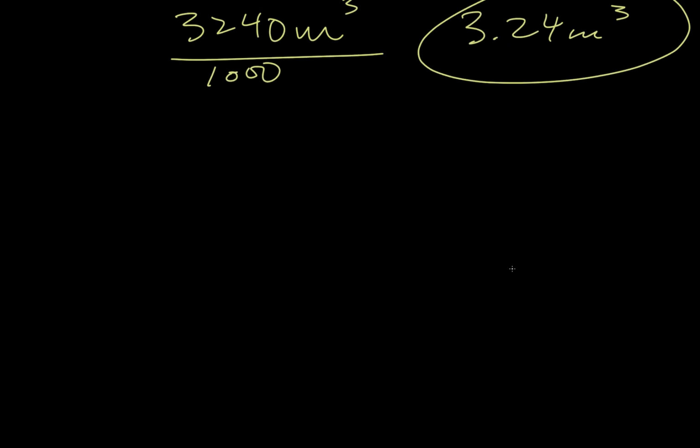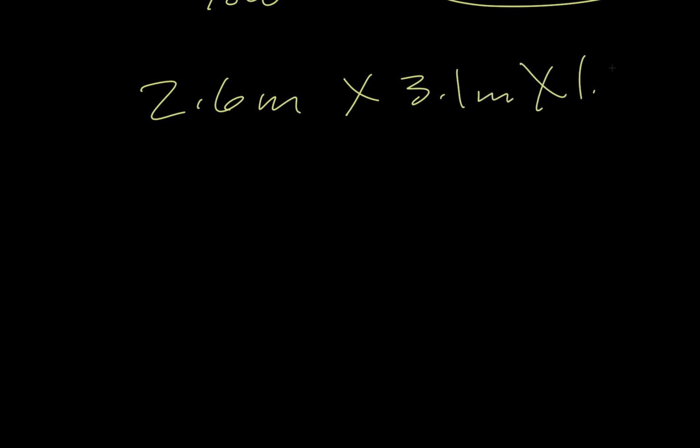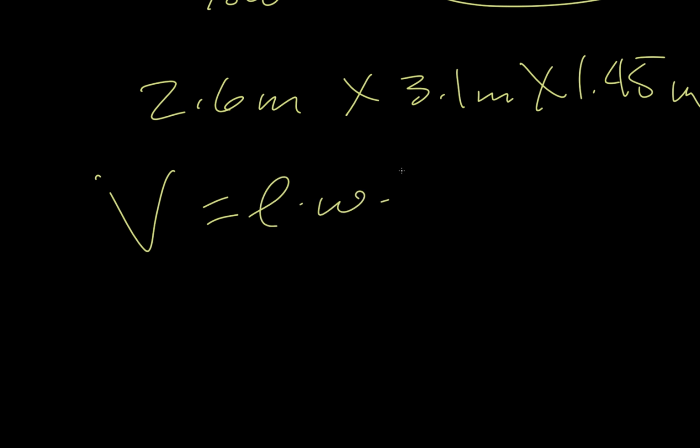Okay, move on to example 9. It says find the capacity of a 2.6 meter by 3.1 meter by 1.45 meter tank. Okay, they draw a picture in their book, but volume for rectangular prism, which essentially is all we're doing on this one, is just length times width times height.